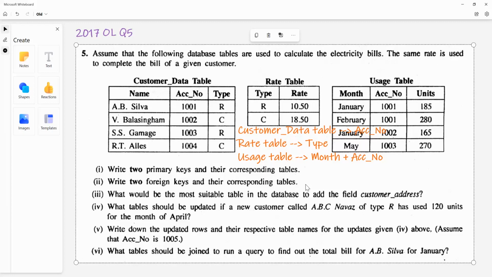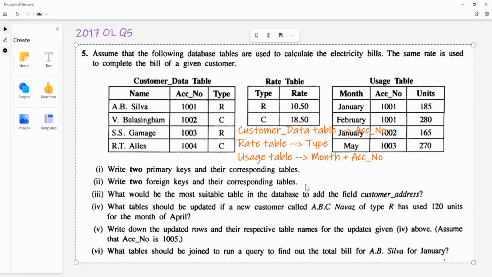Now account number connects to the usage table. Is it a foreign key? No. Okay, it's no. Why? It should connect to the primary key. Yeah, it should connect to the primary key.